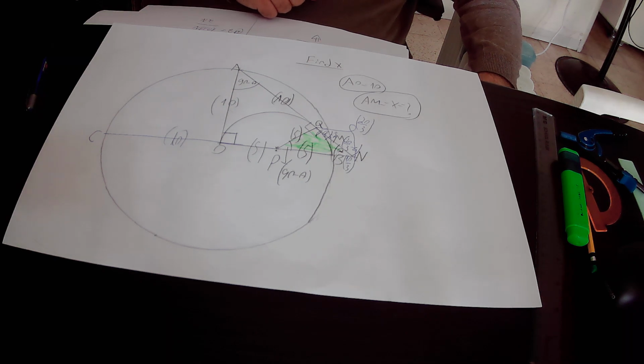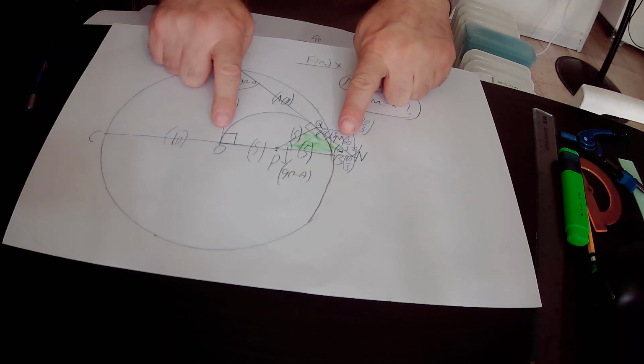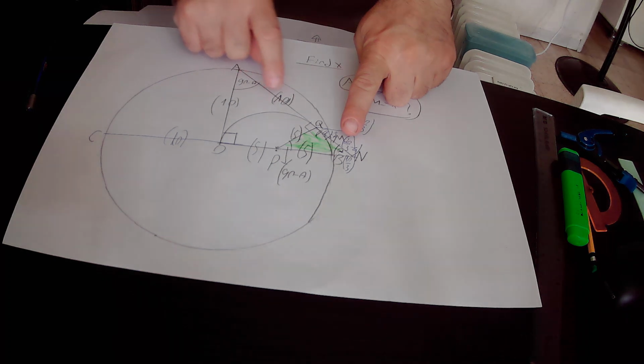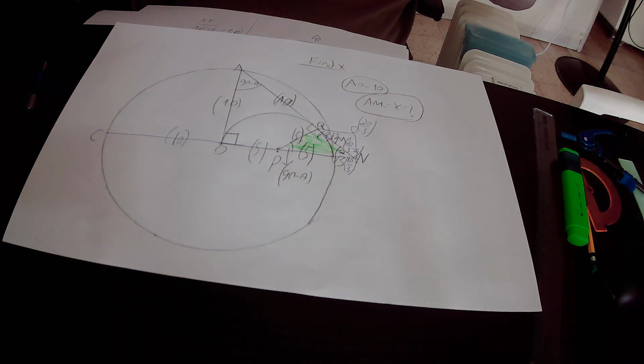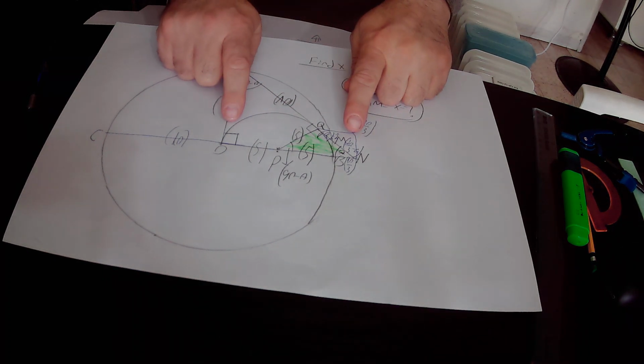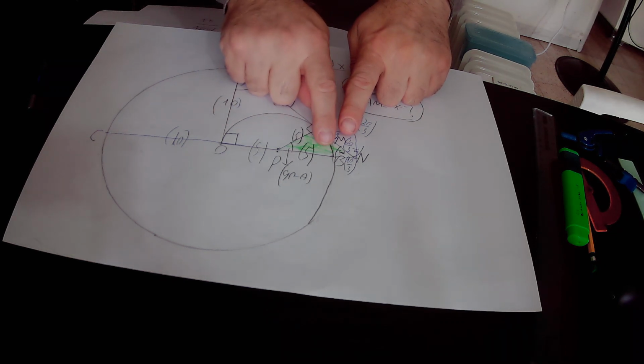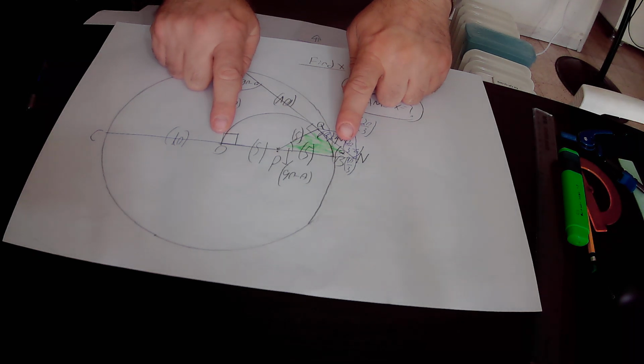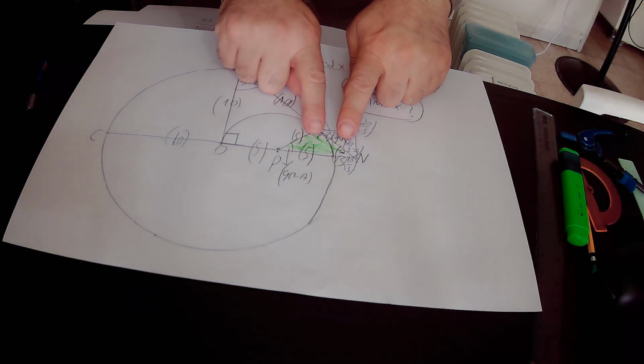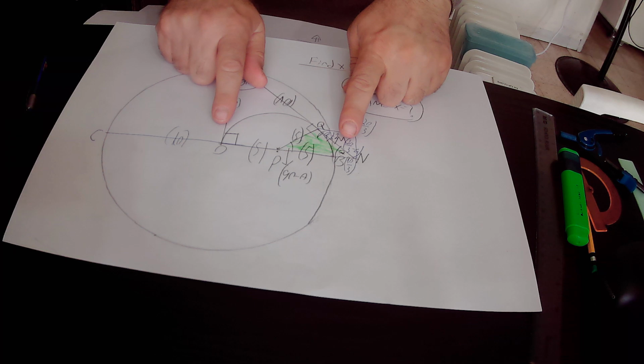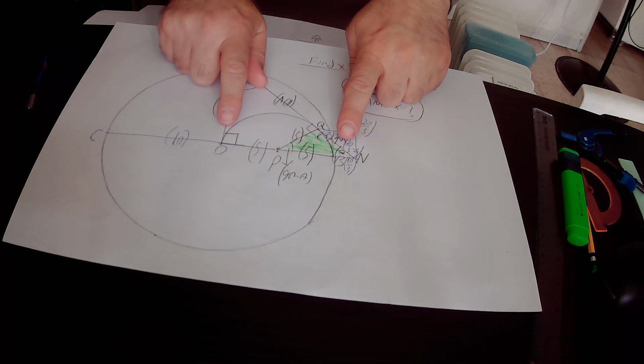So OB, that is the radius of this quarter circle, equals 10 units in its length. But the radius OB is the diameter of this semicircle. So we know that the diameter of this semicircle OB equals 10. If the diameter of the semicircle is 10, then the radius must be equal to 5.